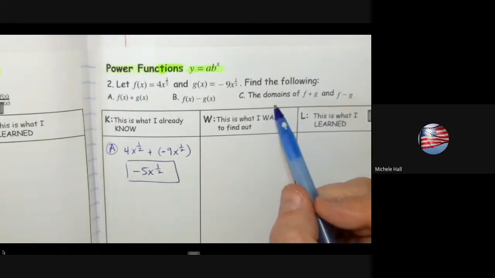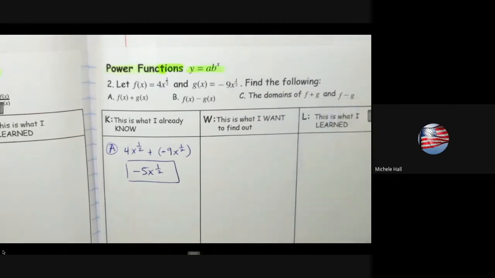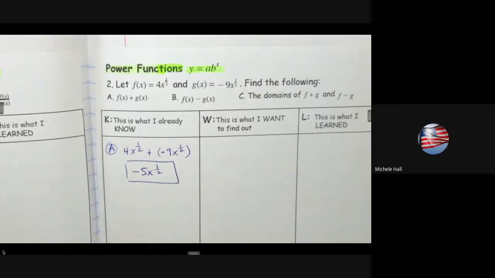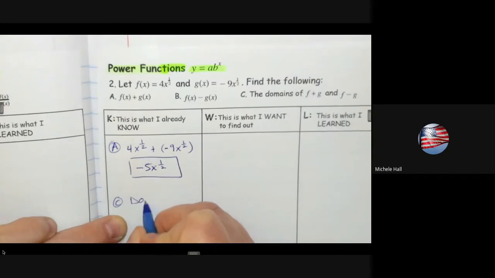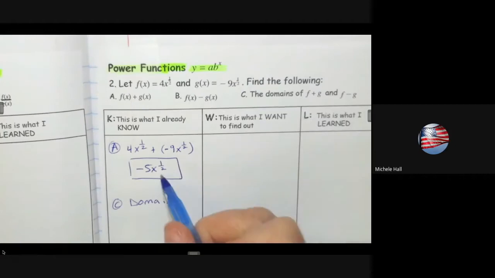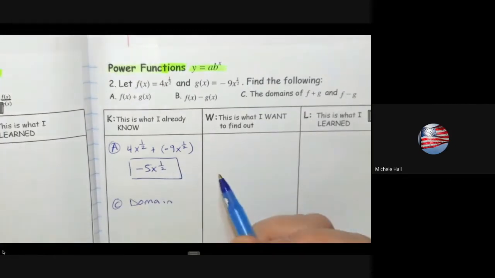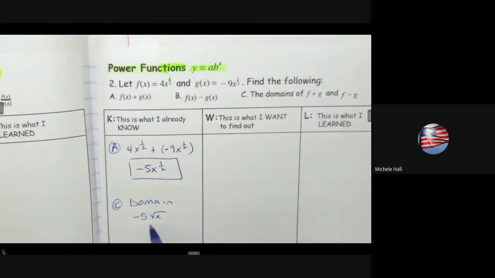C says to find the domain of f plus g and f minus g. What is the domain of this function? Well, we know that for x to the 1/2, that is a square root. I could rewrite it as negative 5 square root of x. Are there any problem areas with square roots? We cannot have negative numbers.